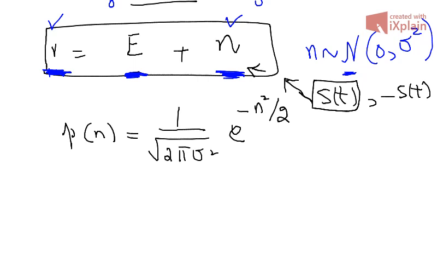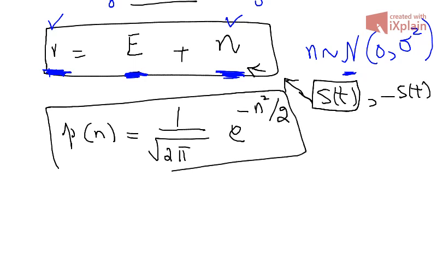If sigma square is unity, then you can replace this term by just 1. So assuming that our sigma square is unity, we have the noise PDF which is given in this form, right?